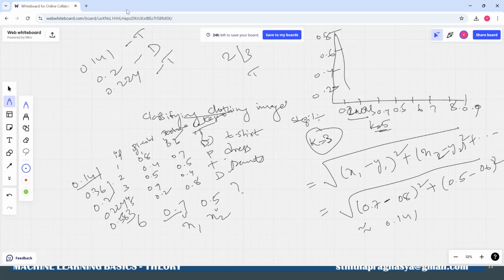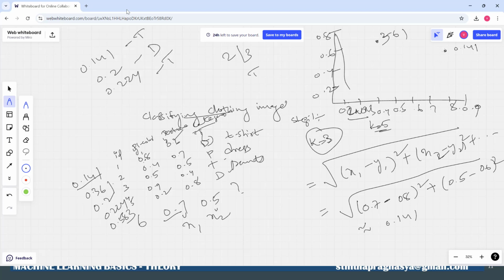Now if you see, what do we have? We have 0.14 for image 1. Image 1 is this one, which is 0.8 here and 0.6 here, somewhere here it is. Then you have 0.4, 0.7, which will come here, which is image 2, with distance 0.361.